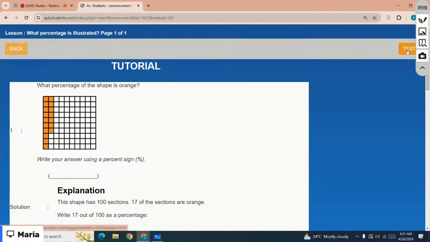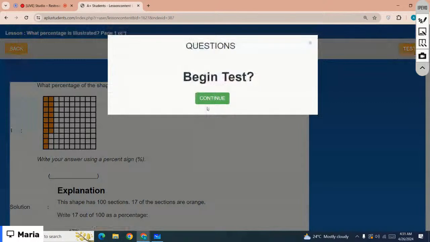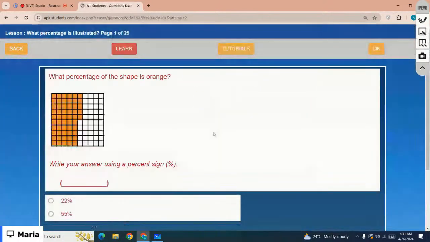Let's just start with the test questions. What percentage of the shape is orange? The complete box represents 100 small boxes, right?